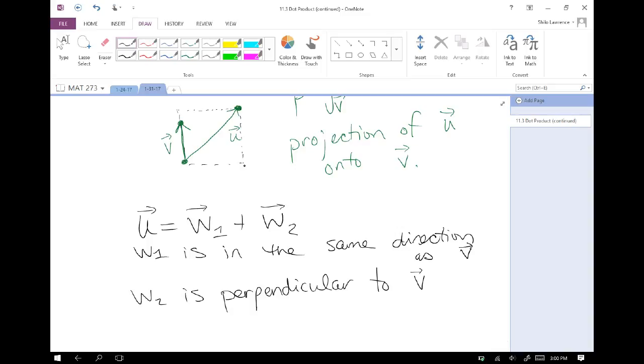So I drew a box that has U as the rectangle and one of the sides following V. You notice that the side of that rectangle is longer than V. This rectangle that I drew, where V is, I'm using that direction, but I actually need something a little bit longer in order to have U as a diagonal.